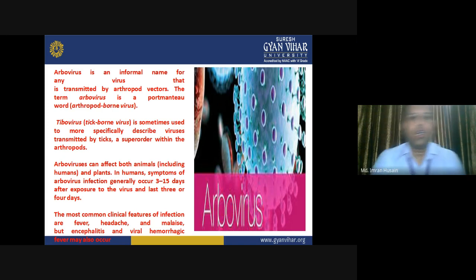So arbovirus is an informal name for any virus that is transmitted by an arthropod vector. The phylum Arthropoda is the largest phylum, present since the oldest time on Earth. Now they have transformed themselves, and the insects with segmented wings, segmented appendages, and a segmented chitin structure all come under the phylum Arthropoda.